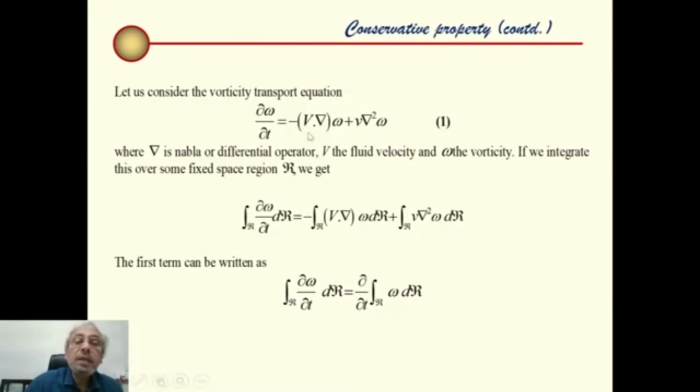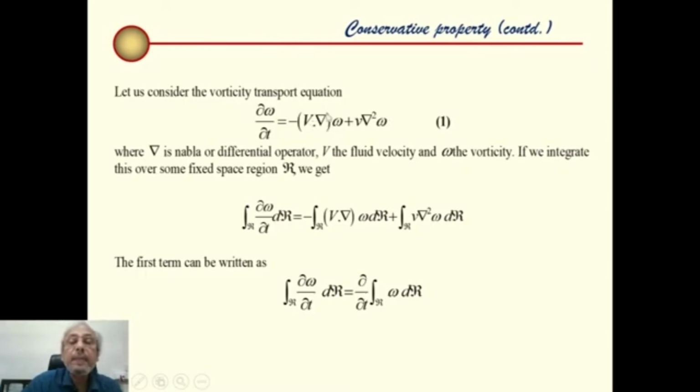Now let us consider general vorticity transport equation. This is temporal derivative of vorticity equal to, I have taken the convective term to the right hand side, so minus sign has come. This is v dot nabla, which will give in Cartesian coordinates i del/del x plus j del/del y plus k del/del z dot product of i u plus j v plus k w.